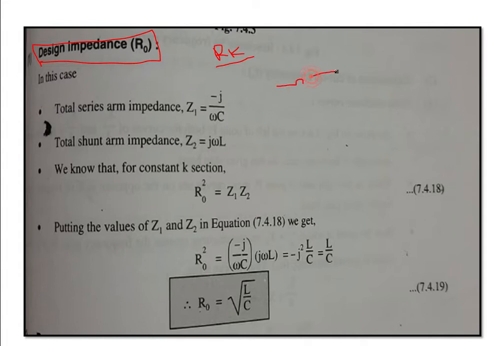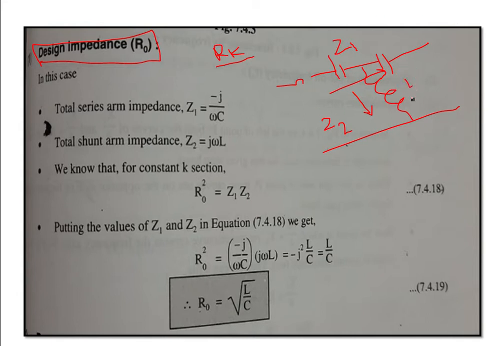Basically the capacitors will be connected in the series arm impedance, and an inductor will be connected in the shunt arm impedance. The series arm impedance is represented by Z1 and the shunt arm by Z2. Basically this is 2C and here is L.